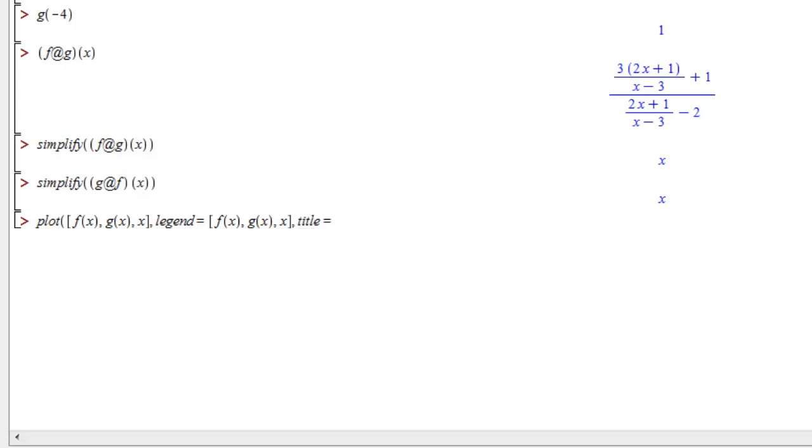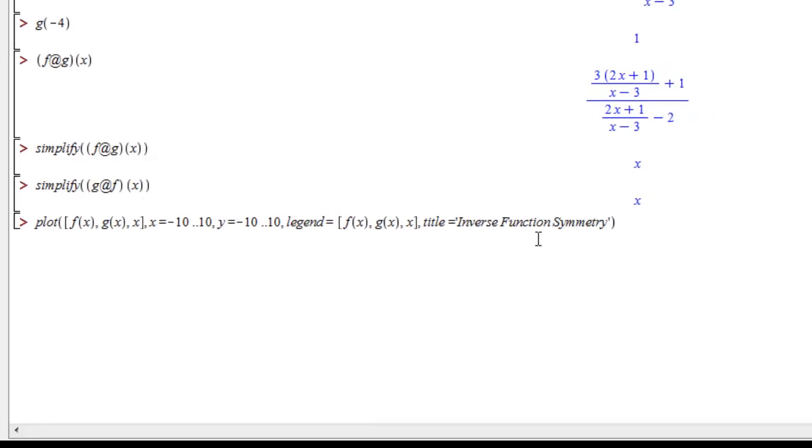We'll call it Inverse Function Symmetry. And this one doesn't work particularly well unless we specify that x and y are scaled the same. So we're going to take x from negative 10 to 10 and y also from negative 10 to 10.